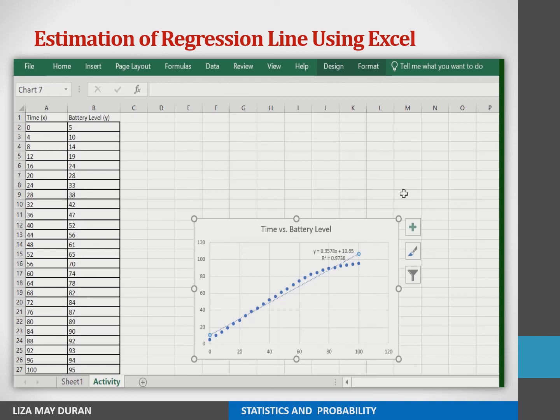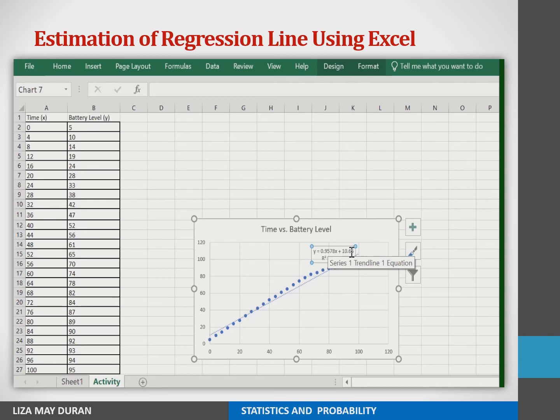So the equation of the line will appear here, where the slope is given by 0.9578 and the y-intercept is given by 10.65. As simple as that, you can have your regression line equation.